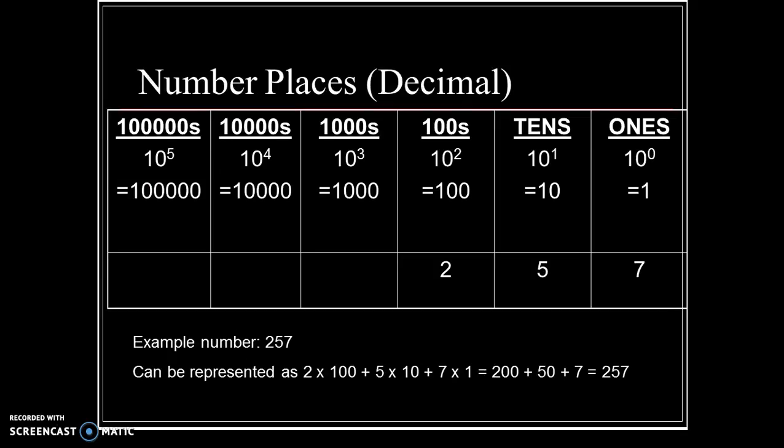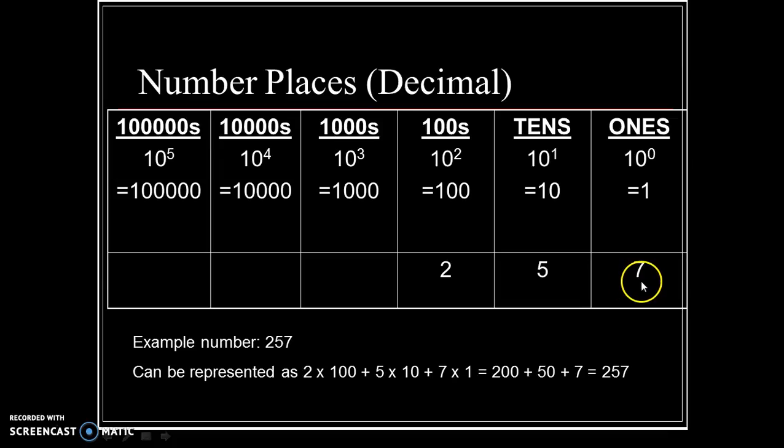If we dig a bit deeper into the decimal number system, then we get this idea of each digit representing a number that is a multiplier times 10 to the exponent of 0, 1, 2, etc. So we can analyze the number 257, what we call 257 in base 10.